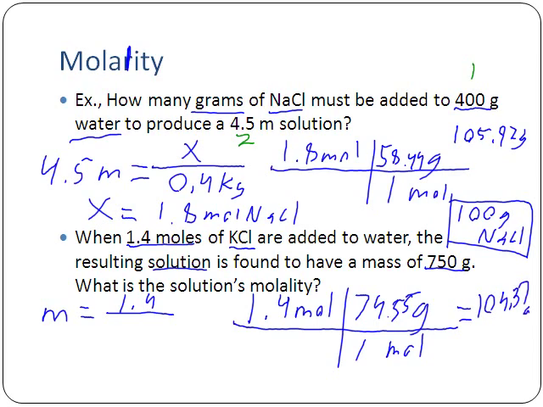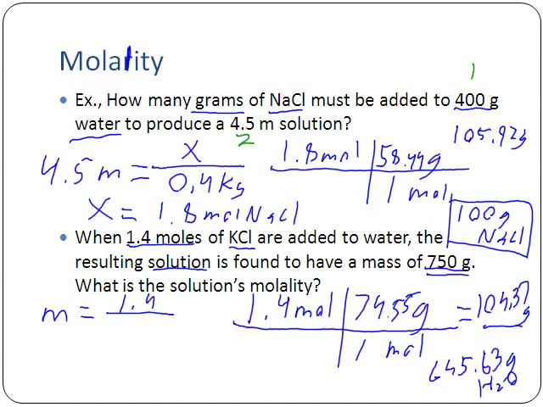So we have 104.37 grams of potassium chloride. Since we have 750 grams of the solution, if we subtract 104.37 from 750, that gives us 645.63. So 645.63 is the number of grams of water.